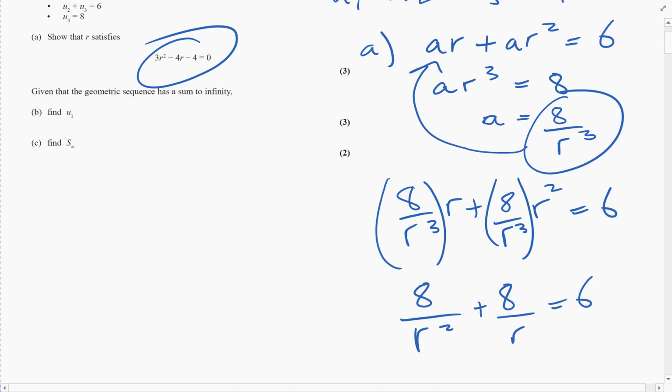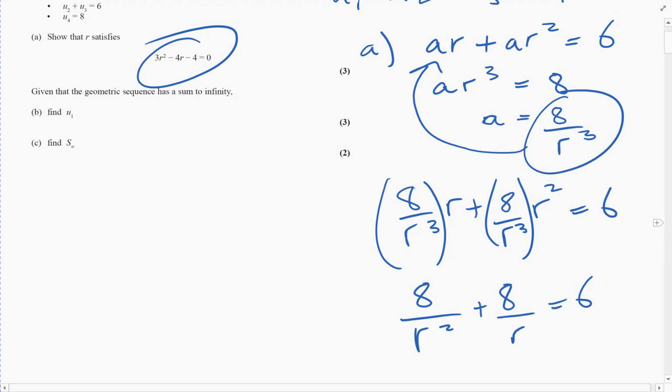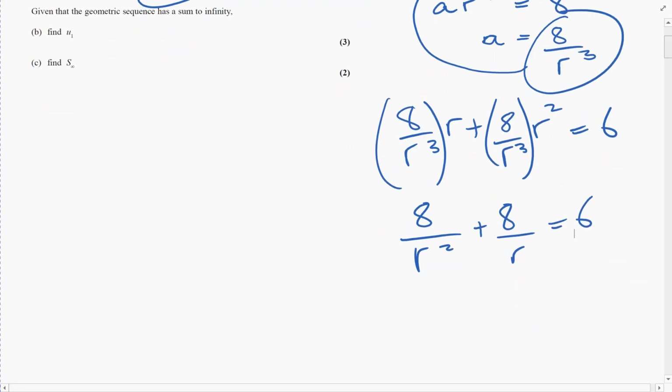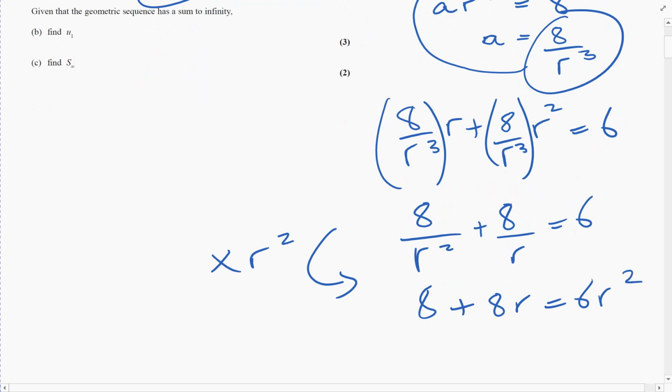Let's times everything by R squared. And we've got 8 plus 8R equals 6R squared.